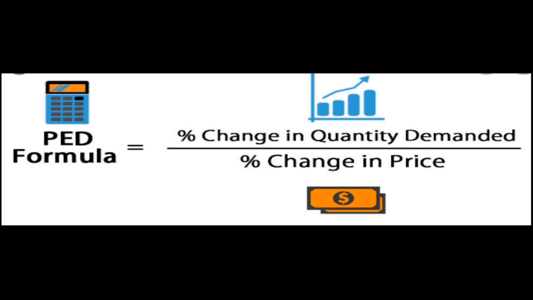But the law of demand only talks about the inverse relationship between price of a commodity and its quantity demanded. But it doesn't talk about by how many percent the quantity demanded changes due to a proportionate change in price. But that can be calculated by using elasticity of demand.